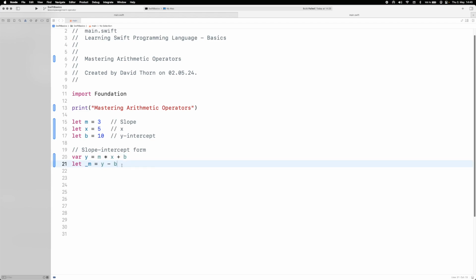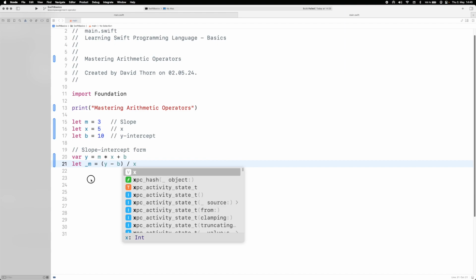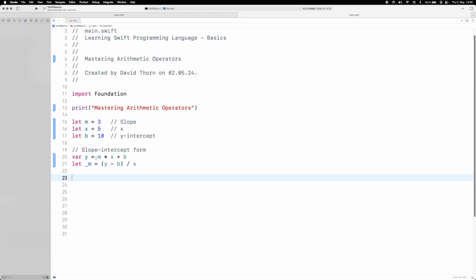Now we need to divide this side by x, and divide the other side by x too. So we can put this in brackets and divide by x, and this now gives us the value of m once again.